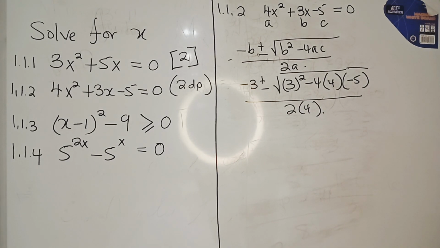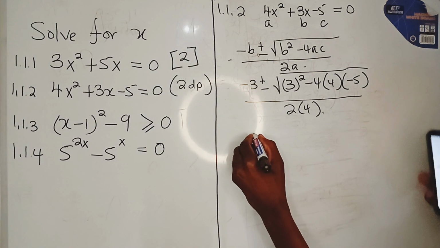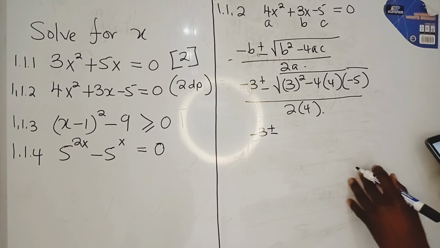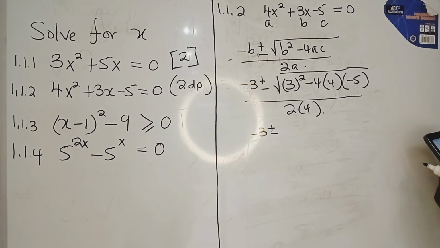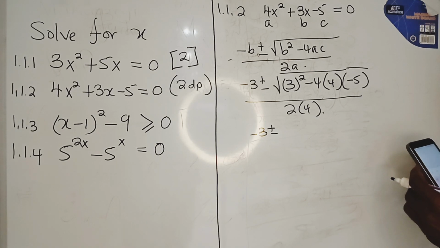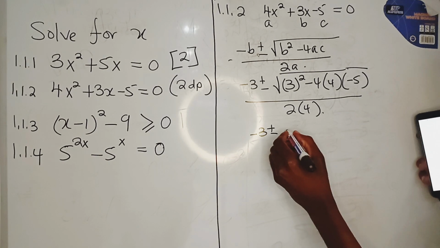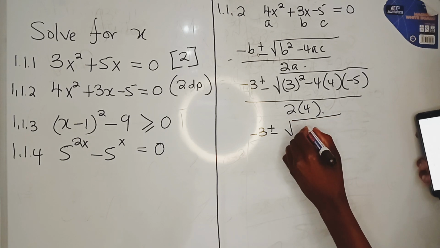So here, if we are going to simplify, let me use my calculator, because here using the head. So we are going to have minus 3 plus or minus square root of 3 squared, which is 9. Let me do like this. 4 times 4 times 5, so this is going to be square root of 81.